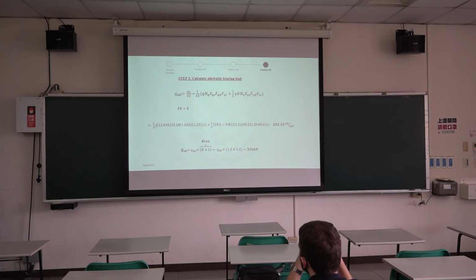So you input the values and you get the allowable bearing capacity, and because they are asking for load, you should multiply by the area of the foundation, which in this case is 1.2 by 1.2. Eventually, you get your allowable bearing load as 336 kilonewtons.